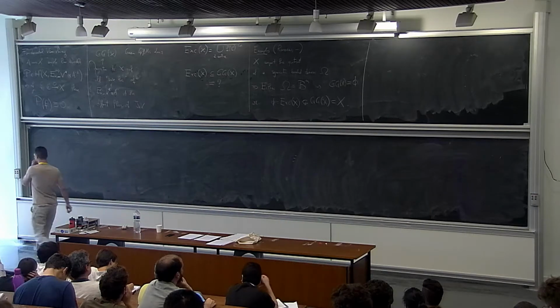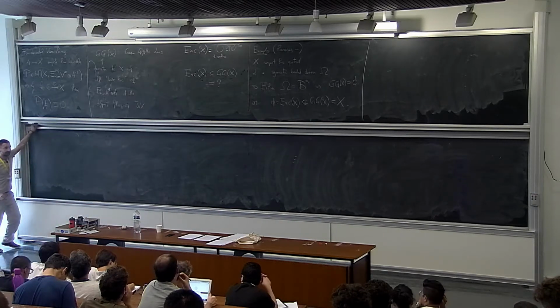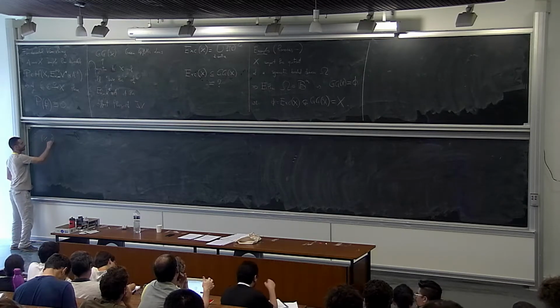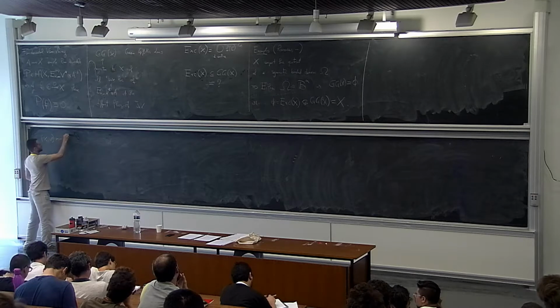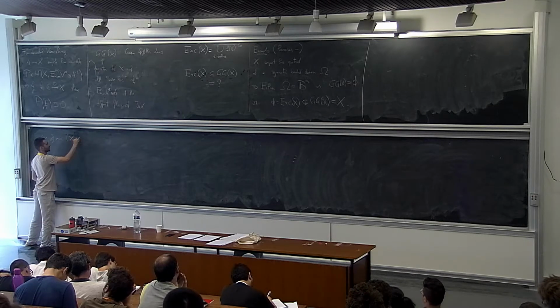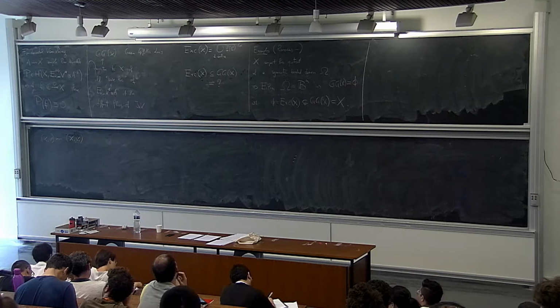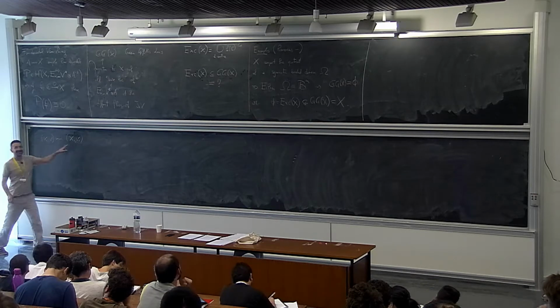So here's the idea. It's an iterative procedure. You start with your (X, V), and you construct some (X1, V1), and then (X2, V2), and it's done. So how do you construct this?